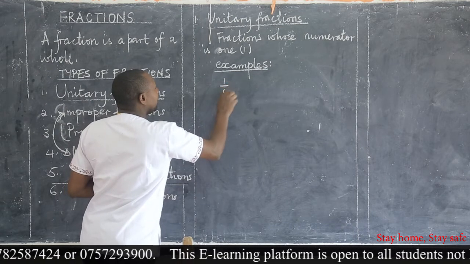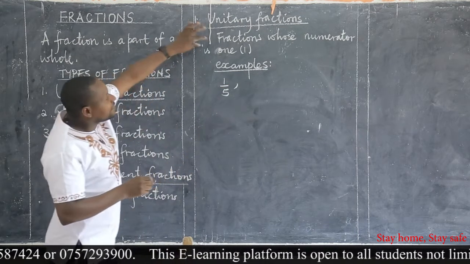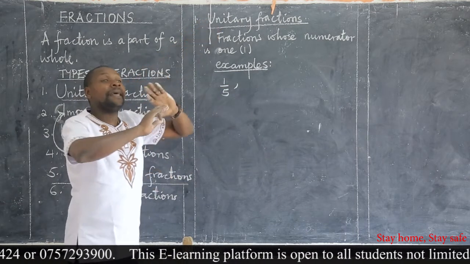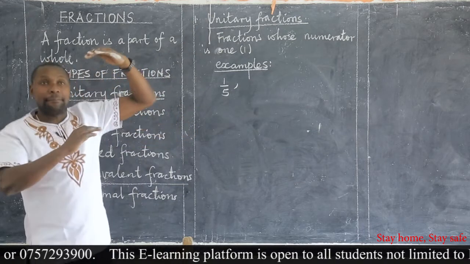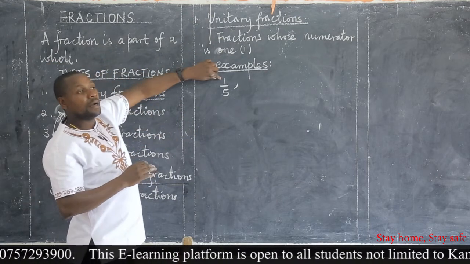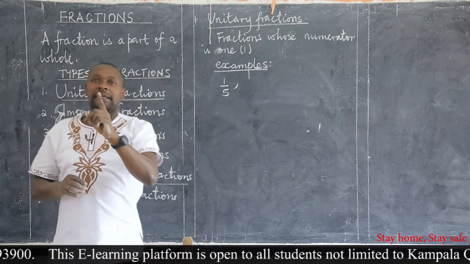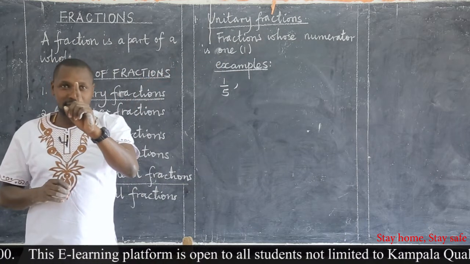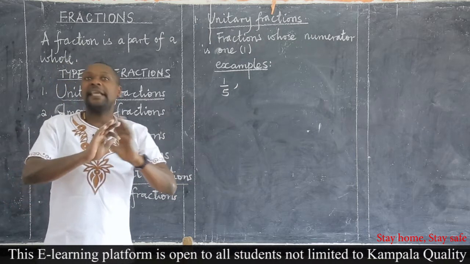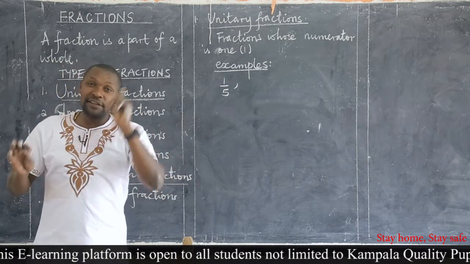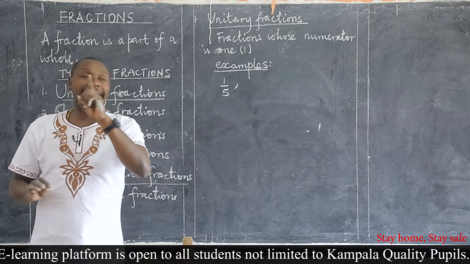I have a fifth. Remember, with these fractions, make sure the numerator, or the upper digit, must be 1. For the denominators, it can be any. But with the numerators, it must be 1.